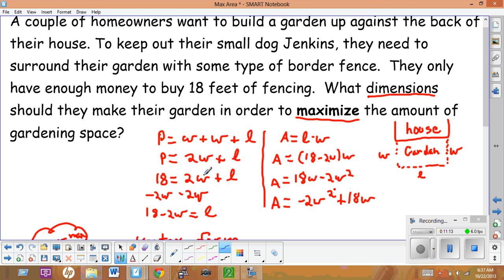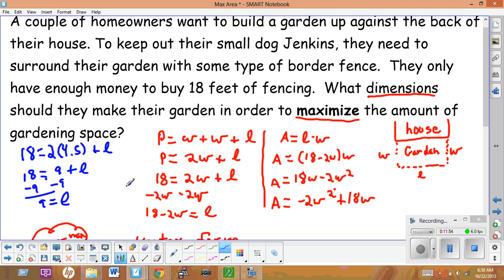We know that 18 is equal to 2W plus L. So with a quick substitution, I'm going to come back up here, we can say that 18 is equal to, remember our W is 4.5, plus L. With some quick solving and simplifying, 2 times 4.5, well, that's just back to 9.